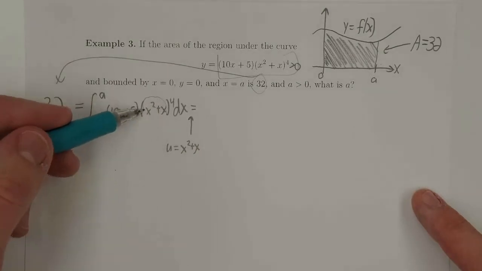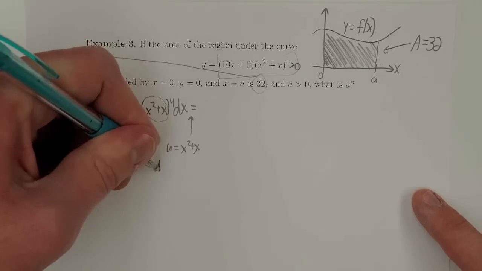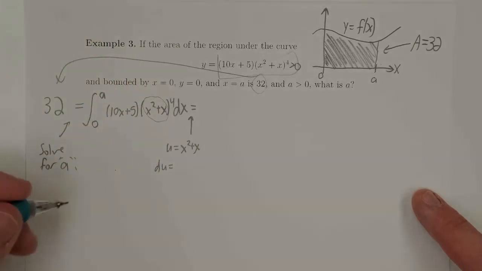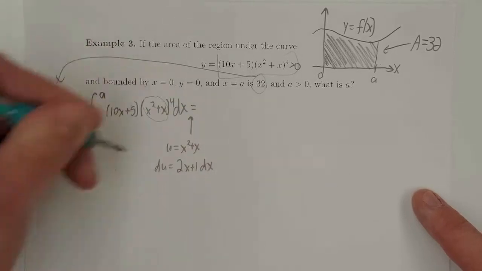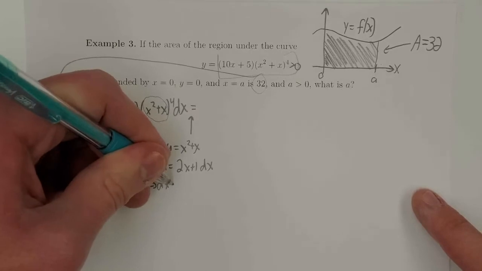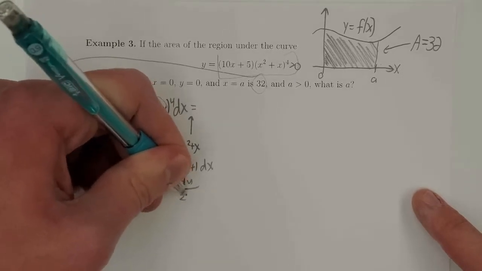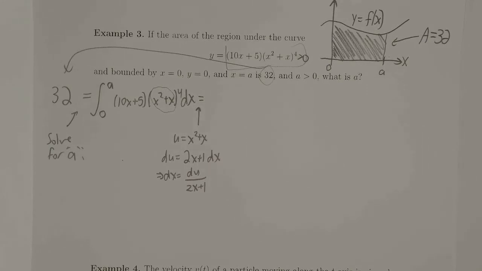Based off the fact that this is one function within another. And so that would tell you, all right, well, du should be, well, a quick application of power rule should then tell you this is just 2x plus 1. And then so dx should then be du over 2x plus 1. Okay? Nothing too crazy.